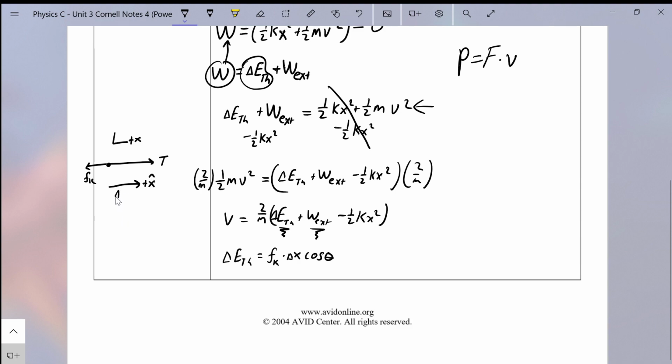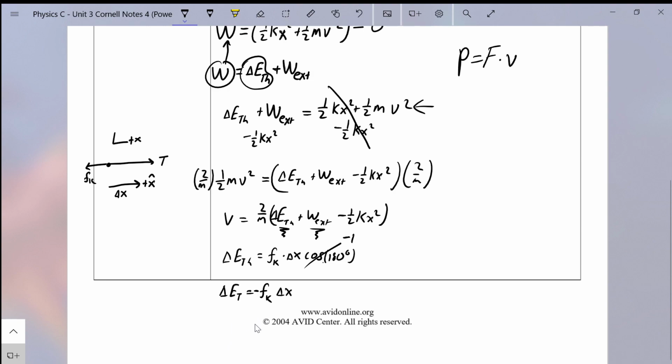So the angle between delta x and the friction force is actually going to be 180 degrees, and cosine of 180 degrees becomes a -1. So E thermal is equal to negative friction force times delta x.